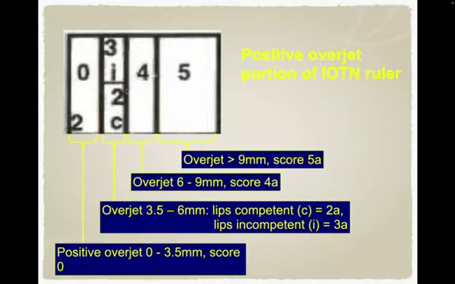While if the overjet is between 6 millimeters and 9 millimeters, regardless of competent or incompetent lips, that goes to a 4A. While if it is more than 9 millimeters, that goes at the top of the score with a 5A.